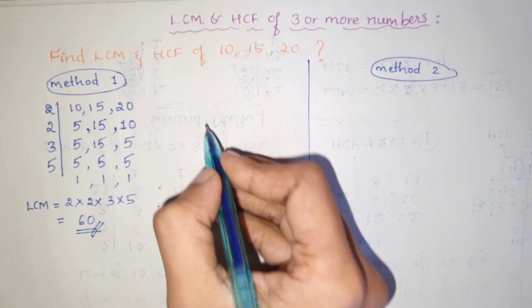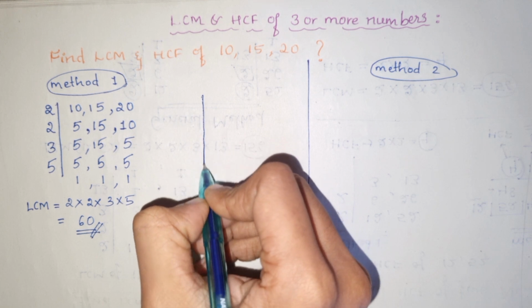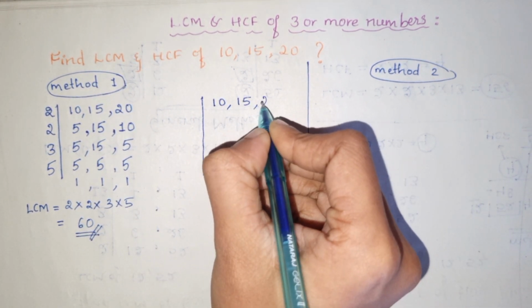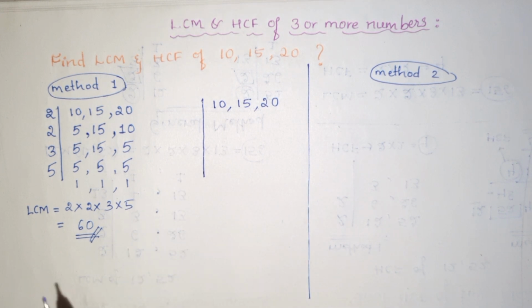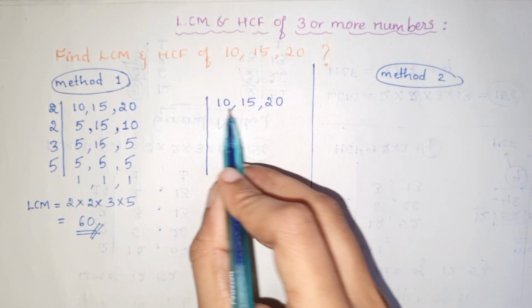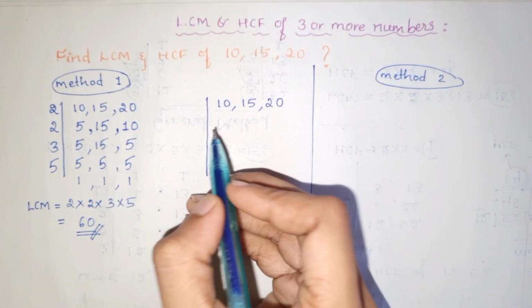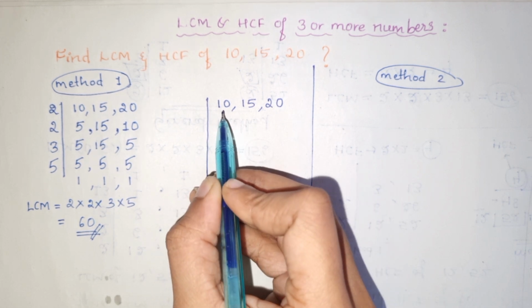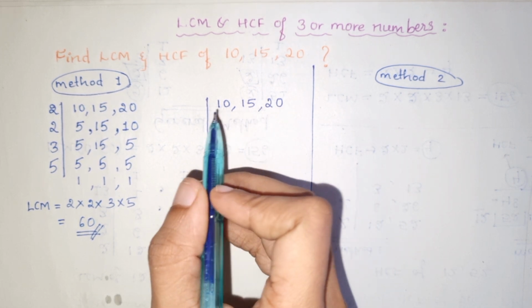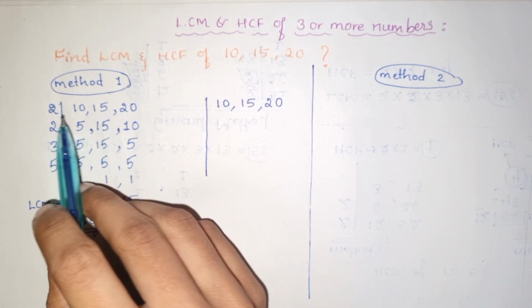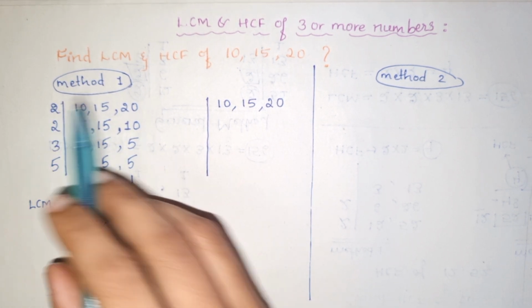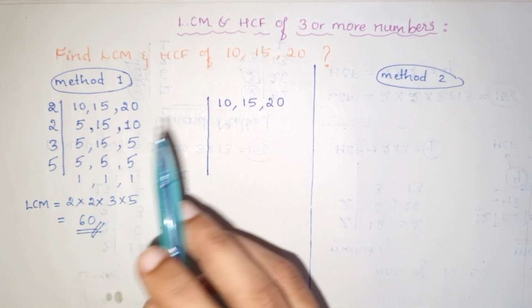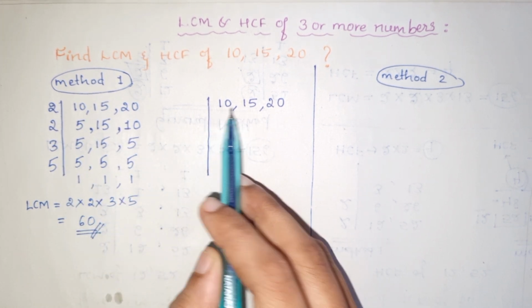Next, if you want to find HCF, same method, we'll write it once again: 10, 15 and 20. So for the HCF of 10, 15, 20, we need to choose a number which can equally divide 10, 15 and 20 at the same time. It is not possible using 2 because in the 2 table we do not have 15, and it is not possible by 3 because in the 3 table we do not have 10 and 20.